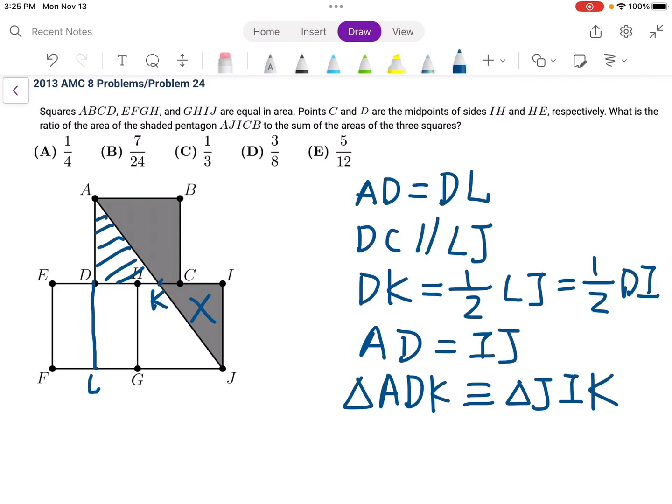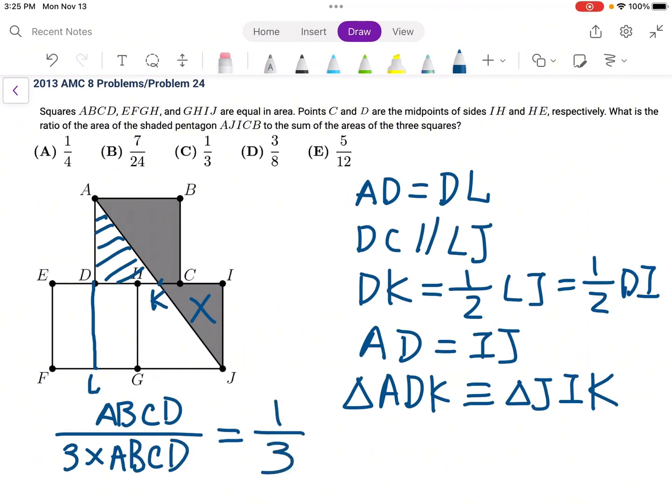Then we cross this out. So the shaded area ratio will be ABCD divided by the total 3 squares. Because the 3 squares are identical, it equals the area of ABCD divided by 3 times the area of ABCD. And that equals 1/3. The answer is C.